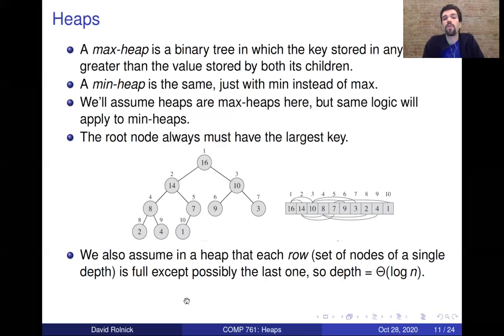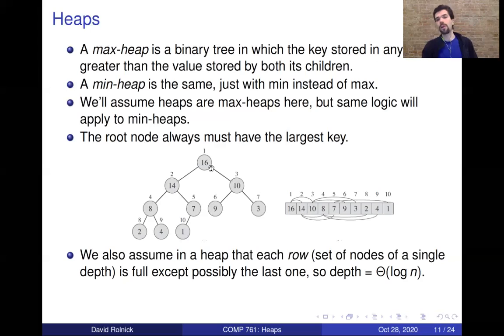We assume that each row is full, so it has the maximum possible number of nodes, except possibly the last one. Here, this has 4, which is the max. This one has 3. The max will be 8, because you can imagine 8 nodes of depth 3. But we're going to assume that everything's full except possibly the last one. So the depth is theta of log n.